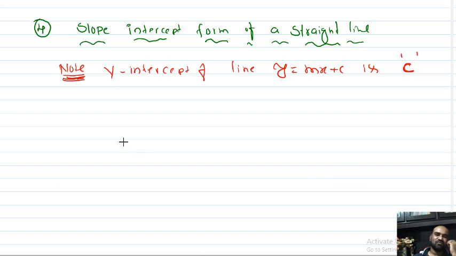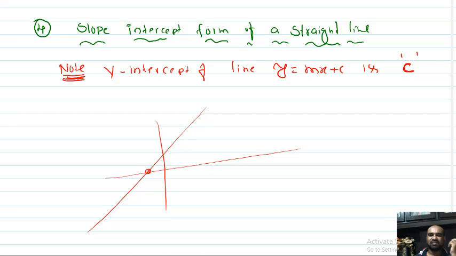What is the meaning of intercepts? You want to find where that line intersects the x-axis. From that, the x coordinate is taken as the x-intercept. To find the y-intercept, we need to find where it intersects the y-axis. From that, the y coordinate is taken as the y-intercept.